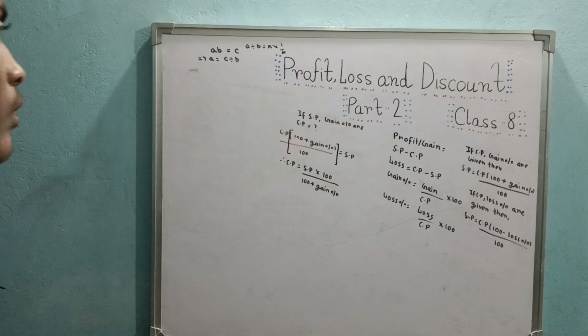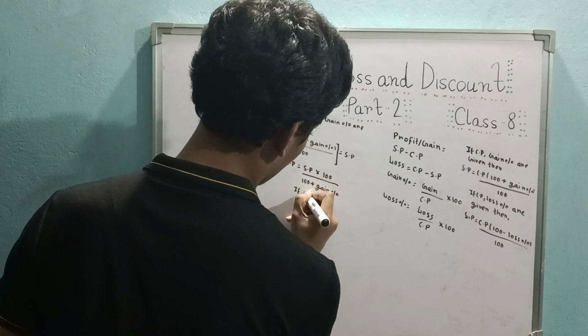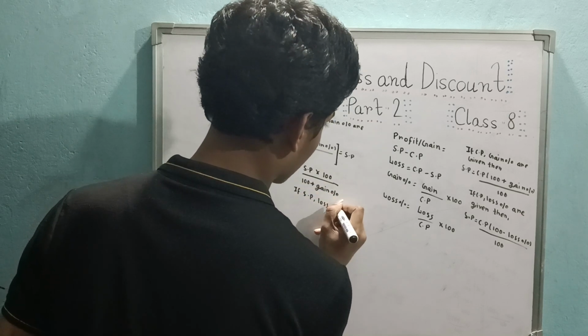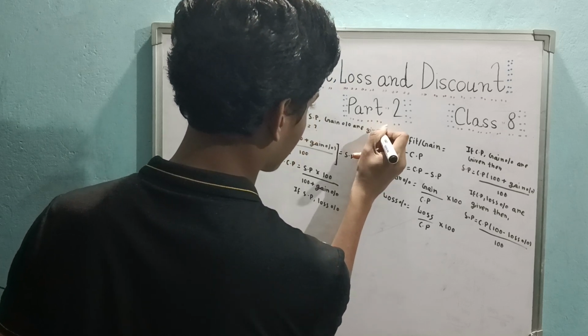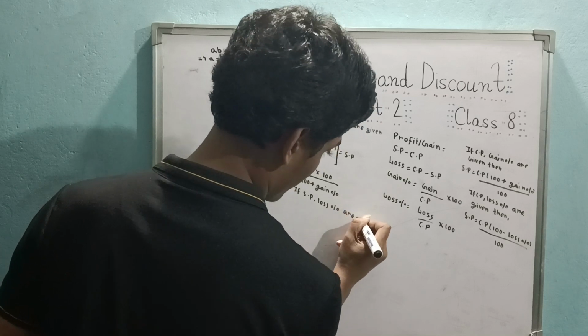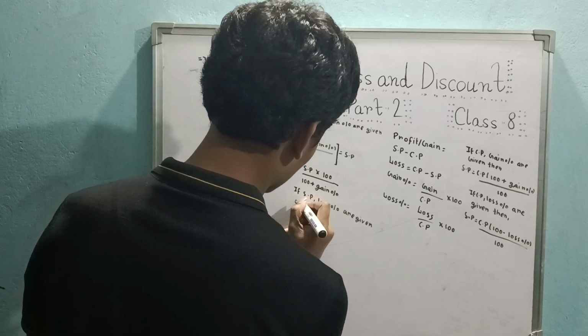Now comes loss. So if SP, comma, loss percent are given, just similarly as the previous one we will do it. Then CP equal to what?